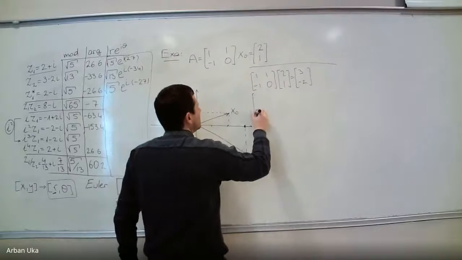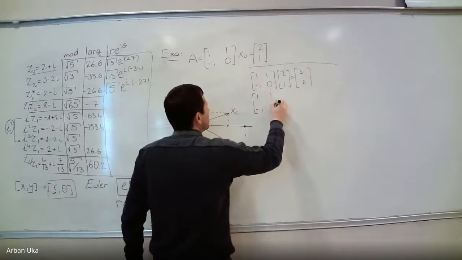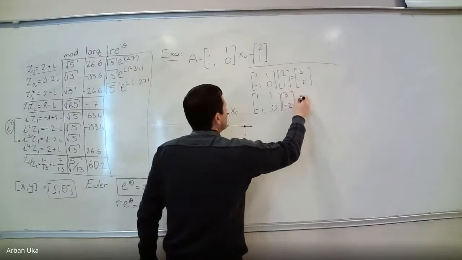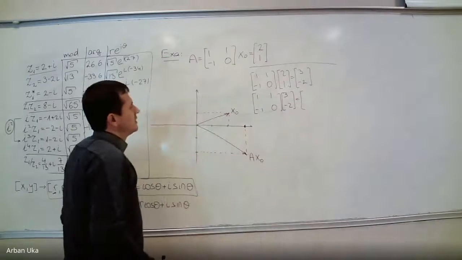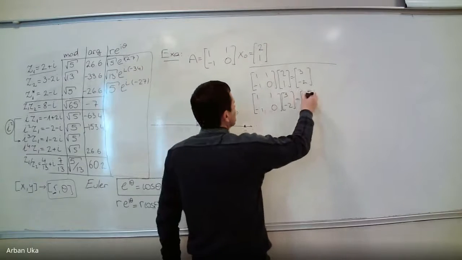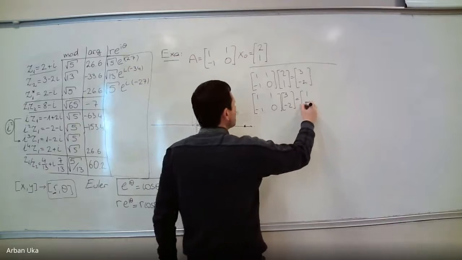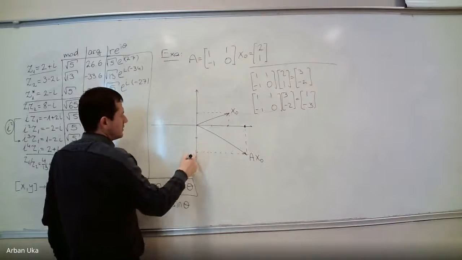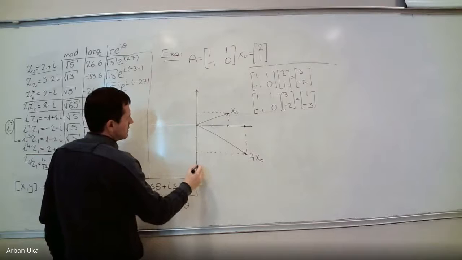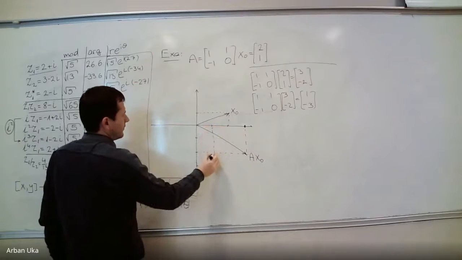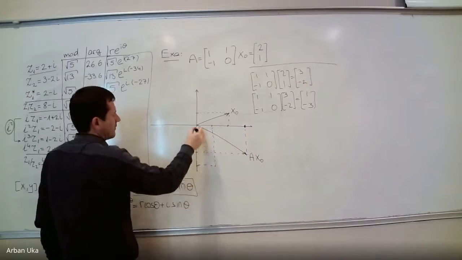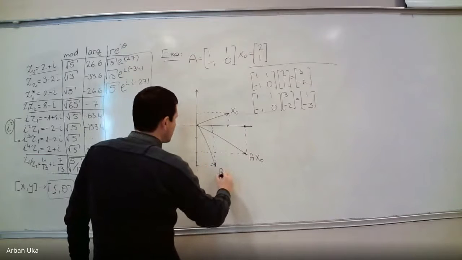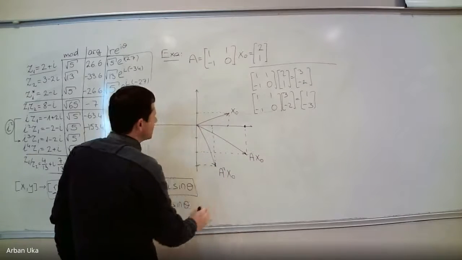Then we multiply again 1, 1, minus 1, 0 with 3, minus 2. And here we get what? We get 1, minus 3. So this is 1, this is minus 3. This is A squared times x0.